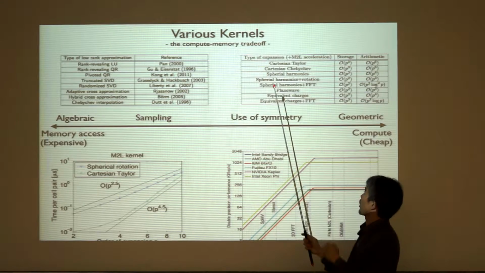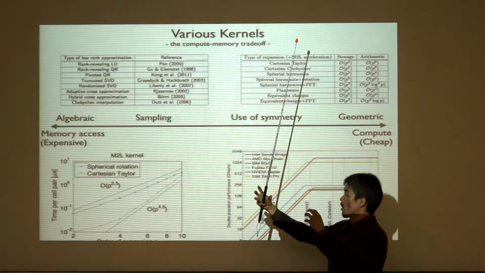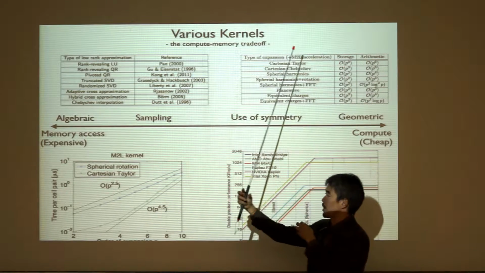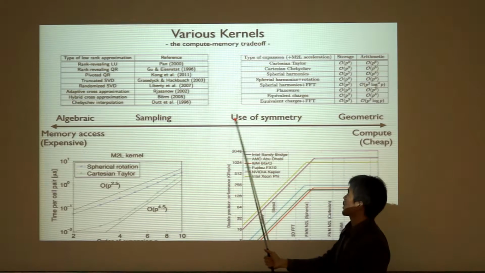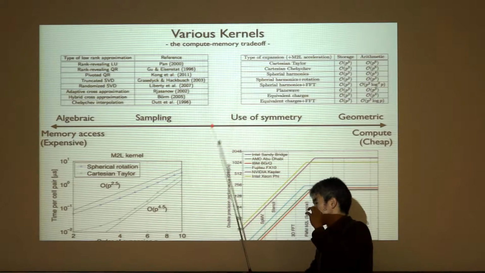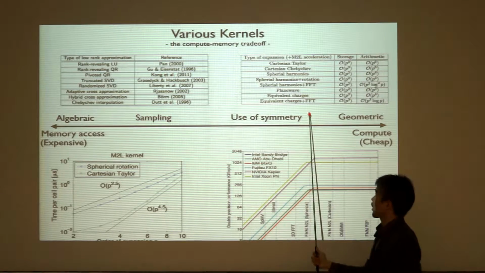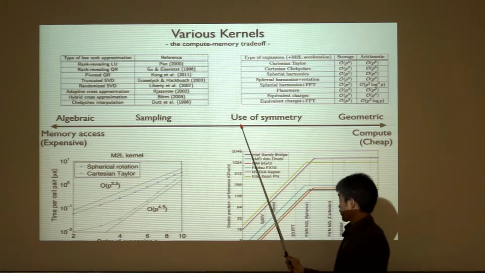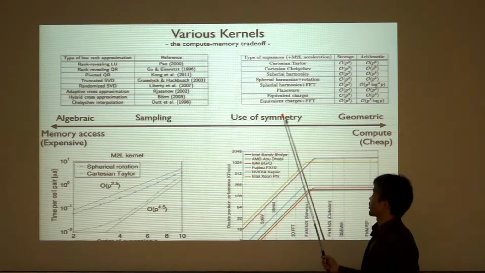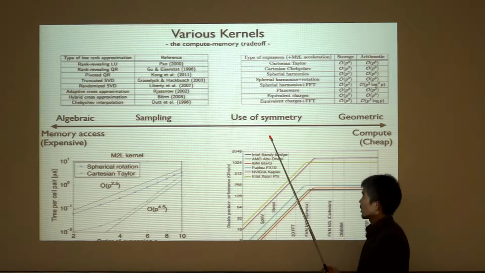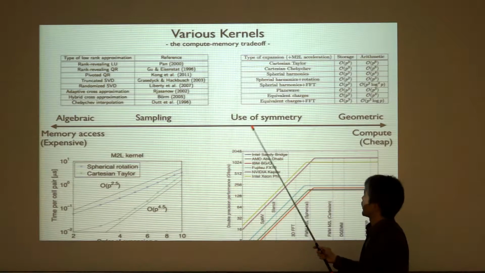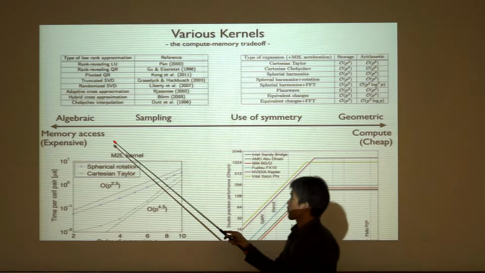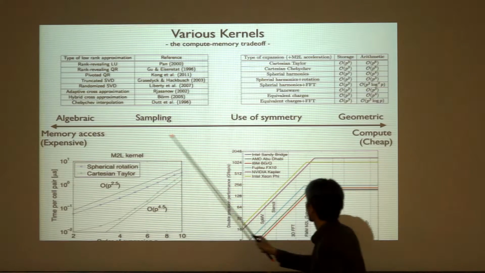Sometimes a lot of these translation operators are the same or just switch sign when you move them 180 degrees. So you can use this kind of rotational symmetry, or if you rotate them 90 degrees, they also have other properties, like being the complex conjugate. So you can use symmetry to further cut the storage. And you can use all these various techniques on the algebraic side to reduce the storage.